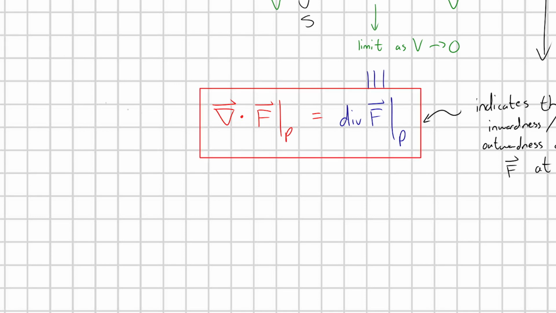In fact, it's so important that even though you can prove this fact, I'm going to call this the definition. The divergence of F is defined as the nabla operator dotted with your vector field F. That's really important. And again, we could evaluate this at a specific point P, or just like any other derivative, we could evaluate it for all points.